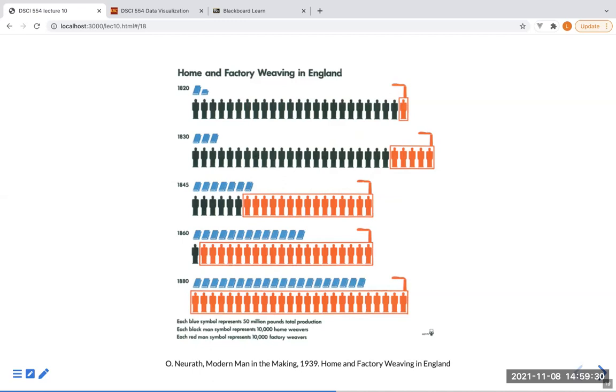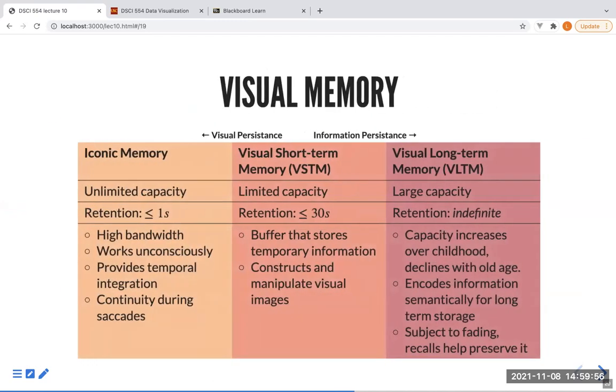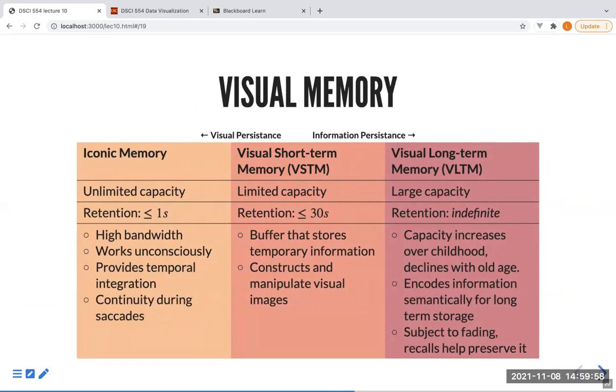And you see that the production, whenever you get to the factory, is 10 times what you had 60 years prior, where there were almost no factories. So all this is done with what Otto Neurath calls isotypes, which today we call icons or symbols. You pick the one that you like.